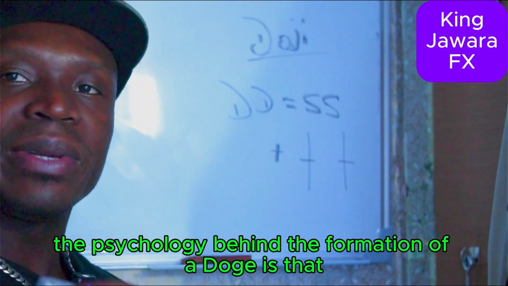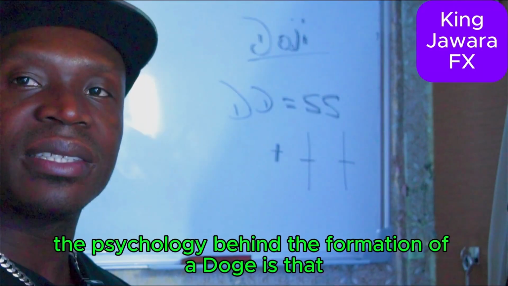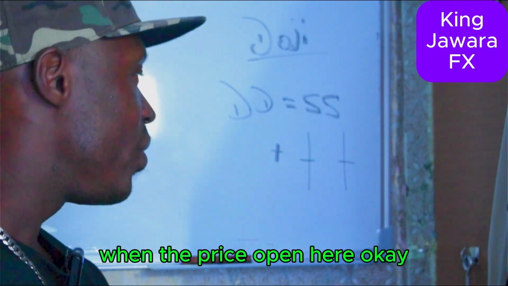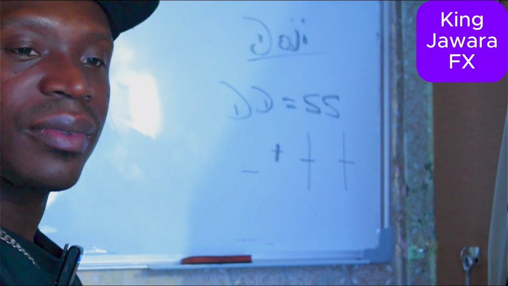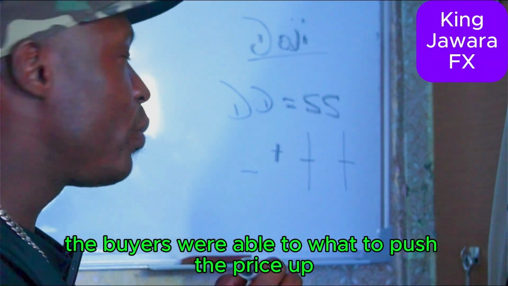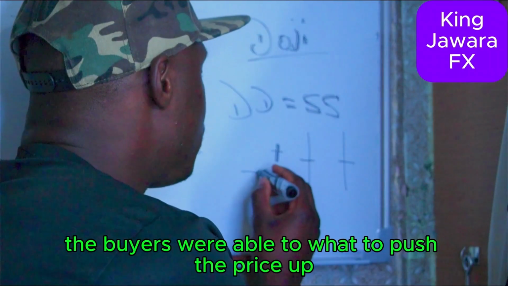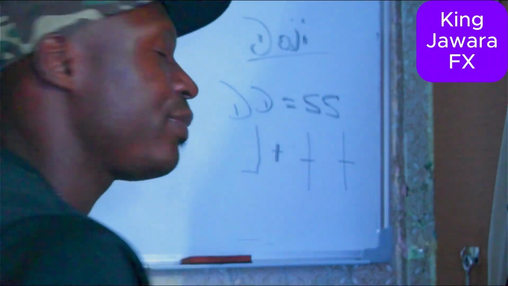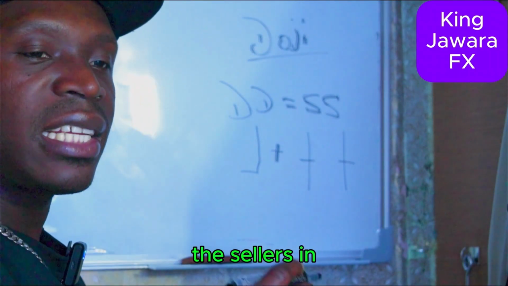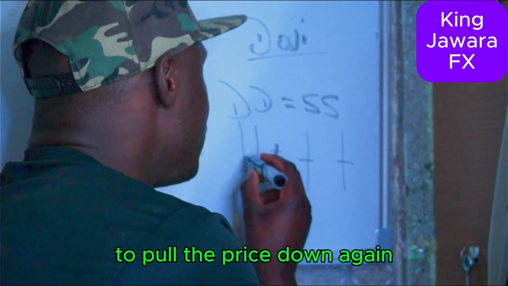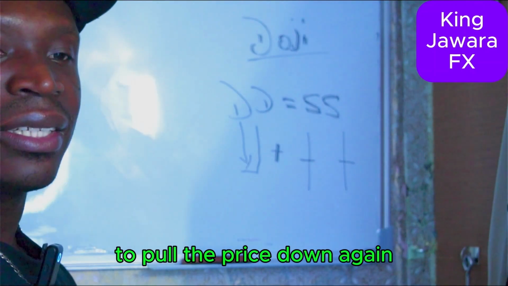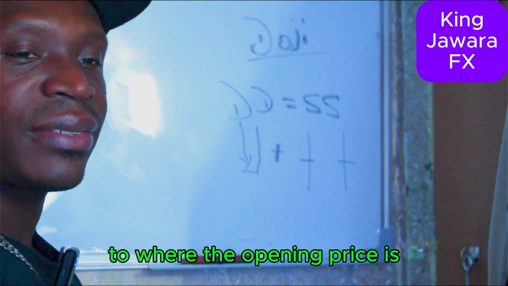The psychology behind the formation of a doji is that when the price opens here, the buyers were able to push the price up. The sellers in one way or the other managed to pull the price down again to where the opening price is.